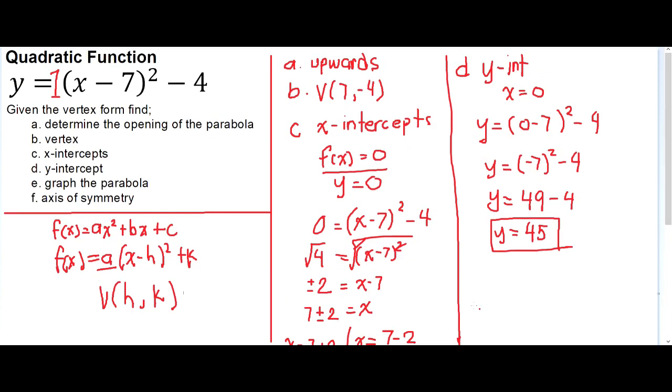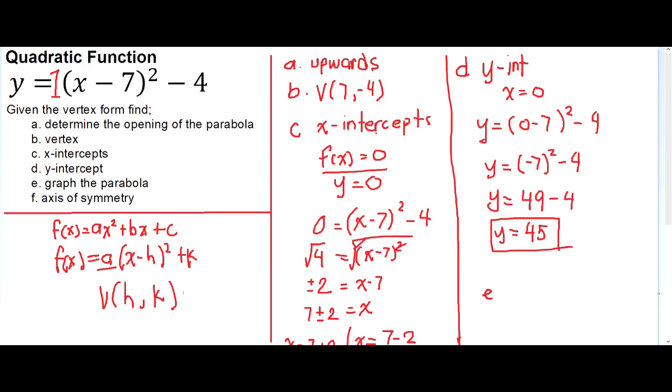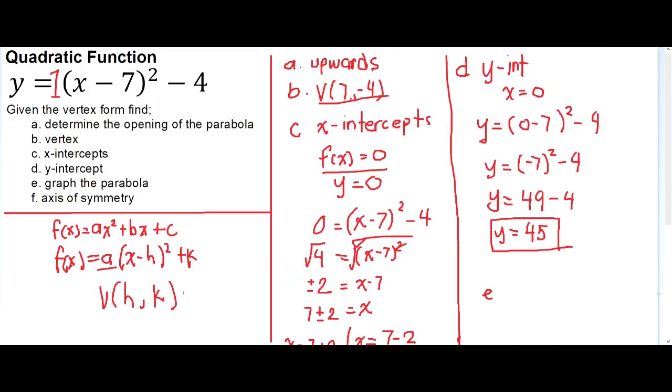So sa letter E, you need to graph, pero hindi ko na i-graph dito to, masyado mahirap. So ang kailangan mo sa graph mo is yung vertex, yung x-intercept, yung y-intercept. Naunahin natin yung vertex. Your vertex wherein your opening is upwards.